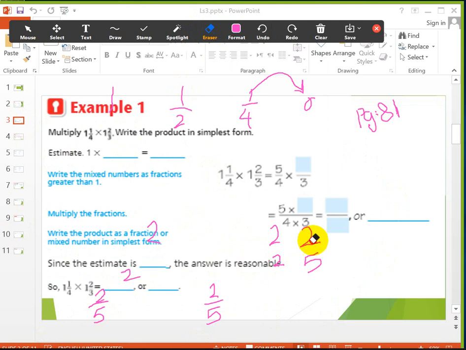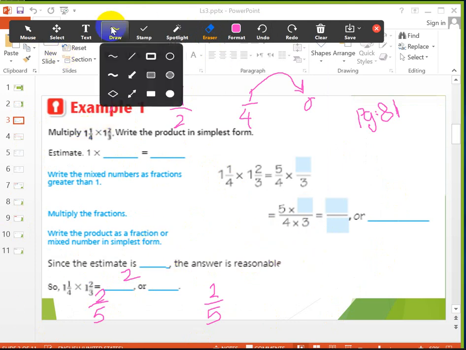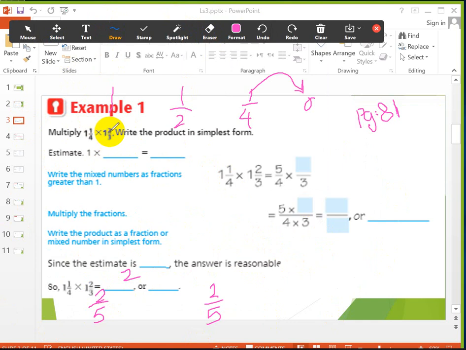Now, if I want to multiply 1 and 1 over 4 with 1 and 2 over 3, I round the mixed numbers to the nearest whole. First, my issue here is the fraction 1 over 4. So I have to round this number to the closest whole.